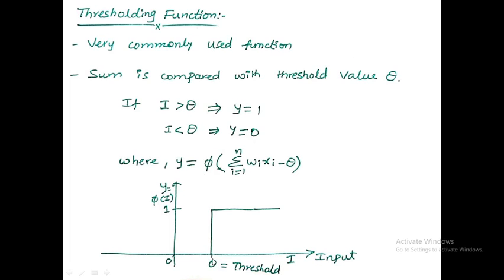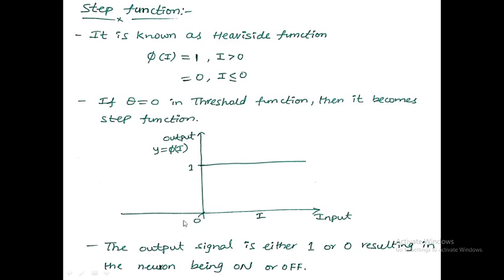Even in the representation in the diagram, if you keep theta equal to 0, this entire waveform will come onto the y-axis, right? That's what I have represented here. Here output y is equal to pi of I on the y-axis and input capital I on the x-axis.